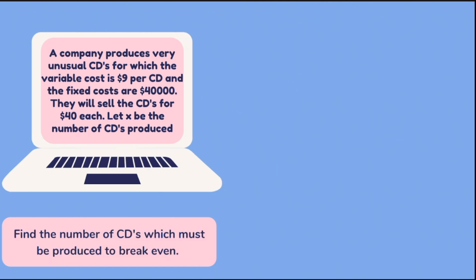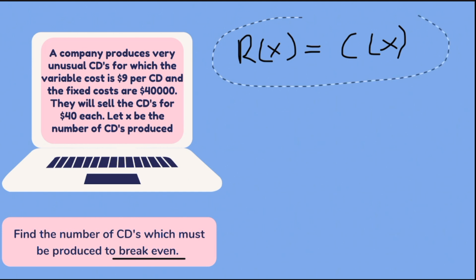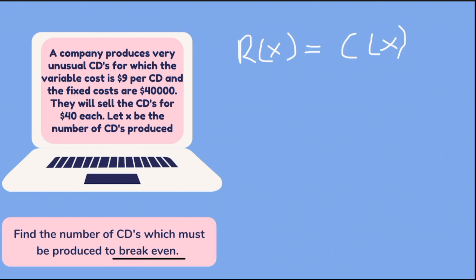Alrighty, the last thing we need to do is to find the number of CDs which must be produced to break even. Our break even point is our point where the total revenue equals the total cost. So we need to set our function R of x equivalent to our cost function C of x.